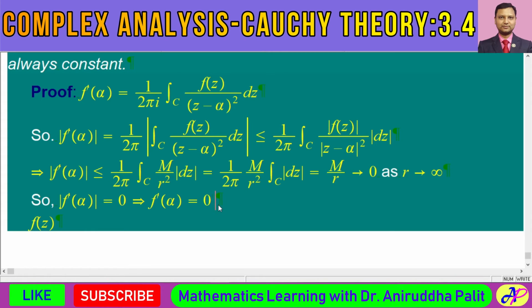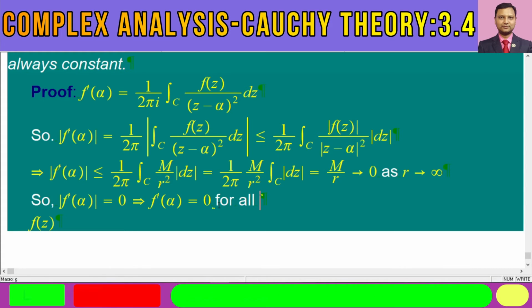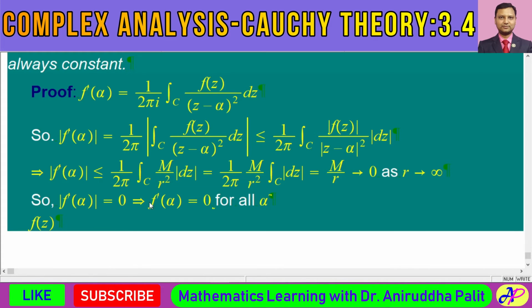So this result should be true for all alpha, or you can also say that over here, just replace alpha by z.